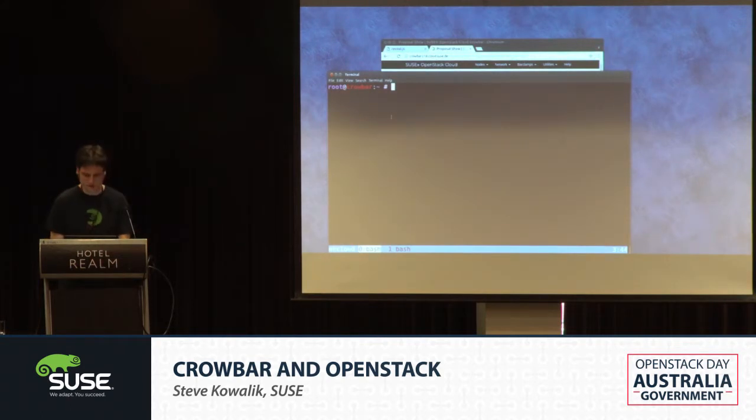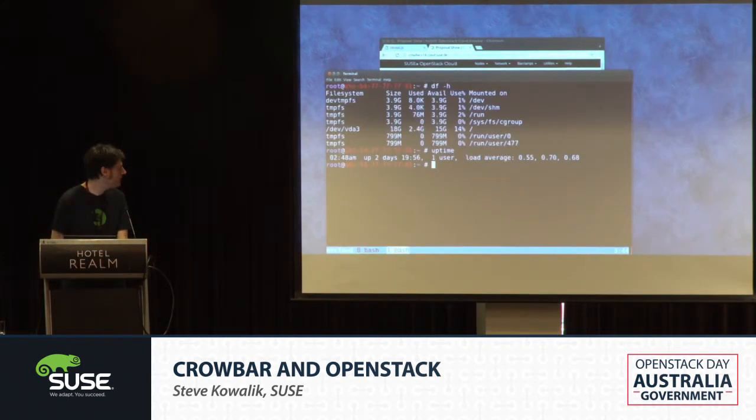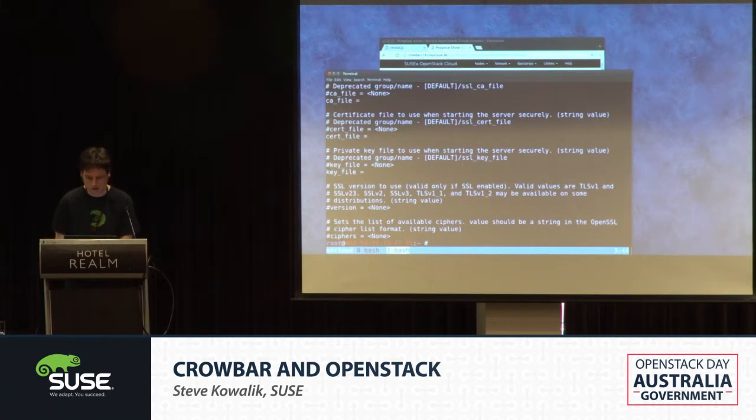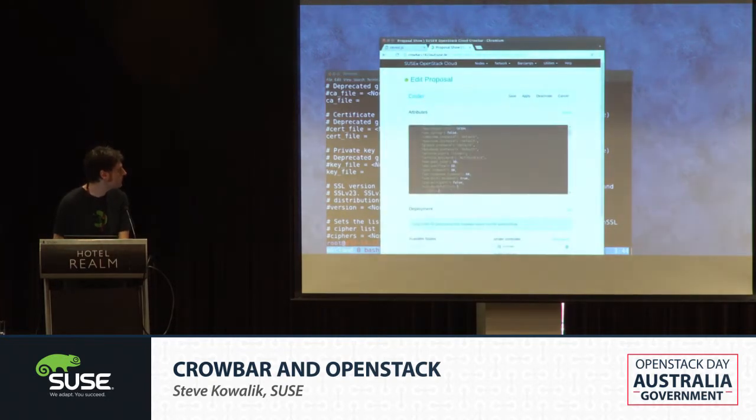So if we have a look here, this is the admin node, and this is the controller node that we've got. You can see, for example, that we have a Cinder configuration file, which is large and contains a lot of details. So I'm going to switch back here. That's a good one, let's change that.